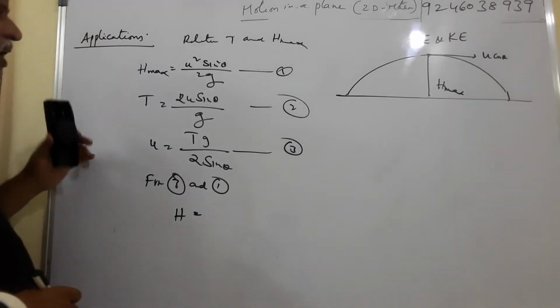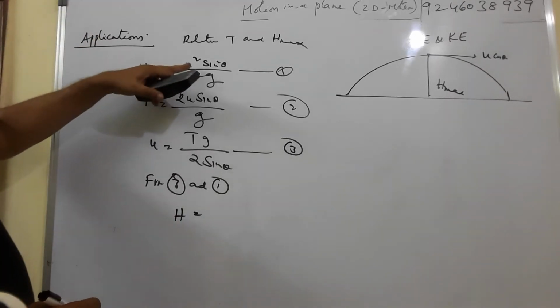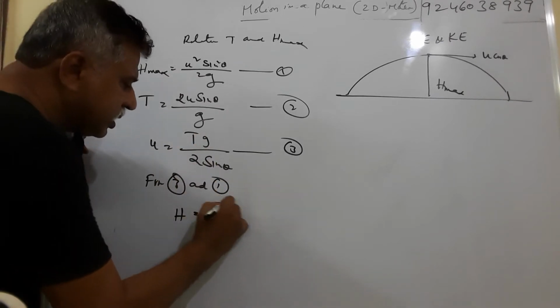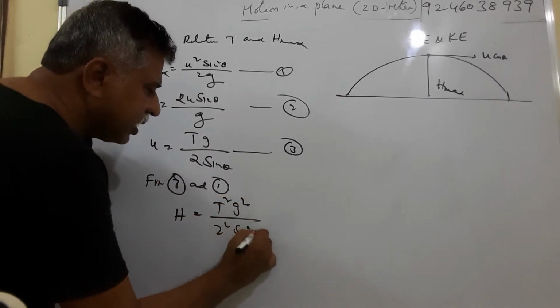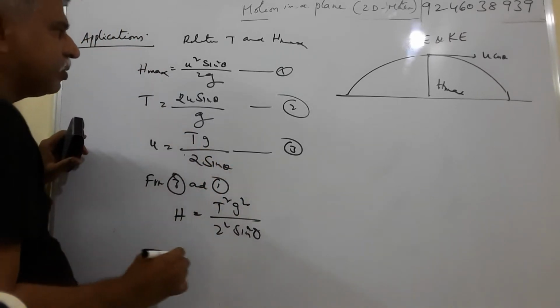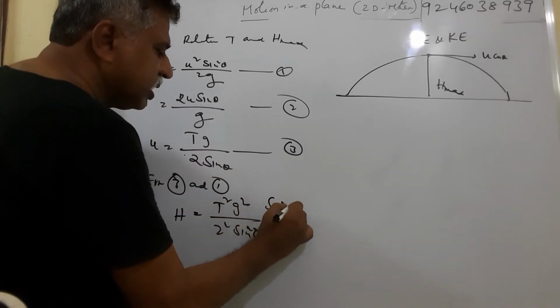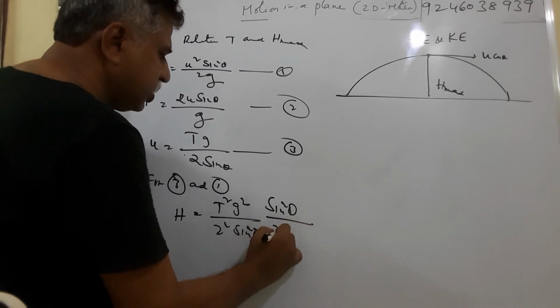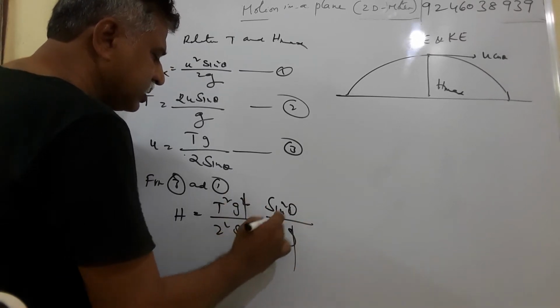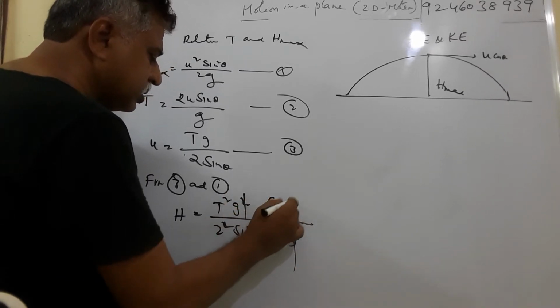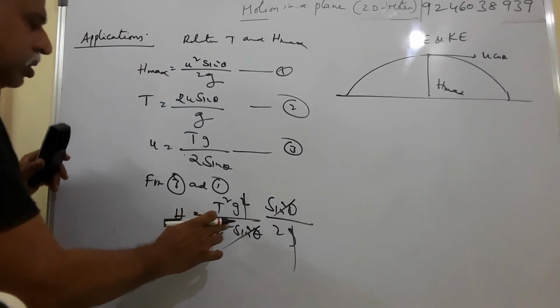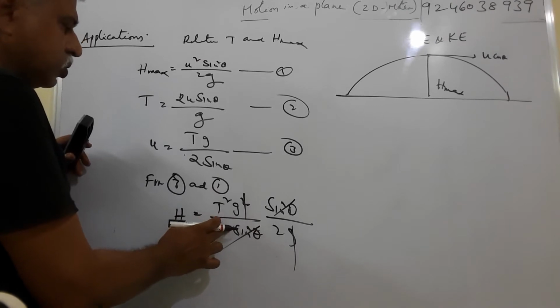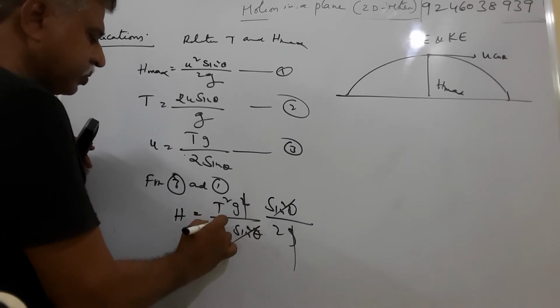equation 3. From 3 and 1, H max I write as h. u square means t square g square by 2 square sin square theta. We substitute this value of u in h equal to u square sin square theta by 2g. g cancels, sin square theta cancels. 2 square means 4.